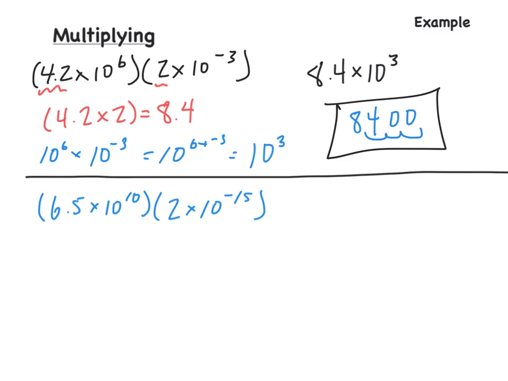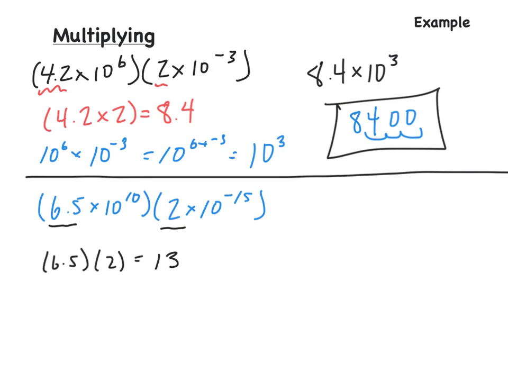So what I want you to do, pause the video, try this one at the bottom, unpause it when you're ready to see what I've done. Alright. So I'm going to break out the numbers. So that is 6.5 times 2. That's 13.